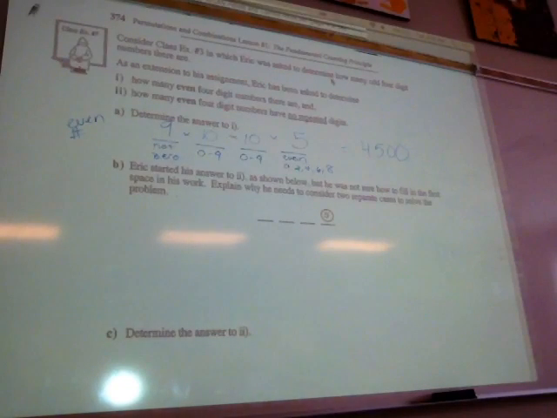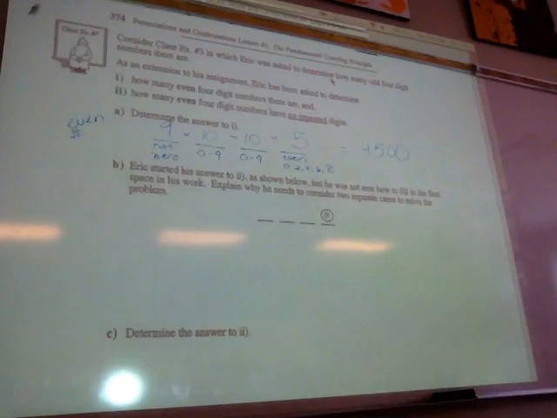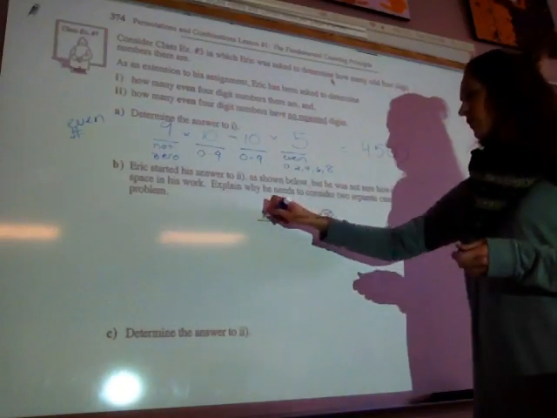Okay, so for part 2, we're not allowed to repeat any of the digits, and there are going to be 2 cases that we're looking at. Eric started to answer number 2 as shown below, but he was not sure how to fill in the first space in his work. Explain why he needs to consider 2 separate cases to solve this problem. Actually, we need to ignore this work here.